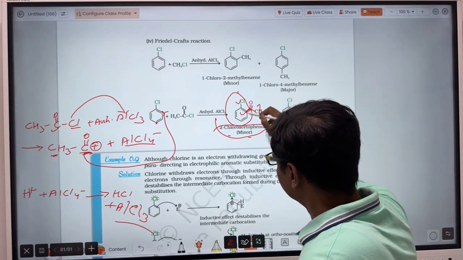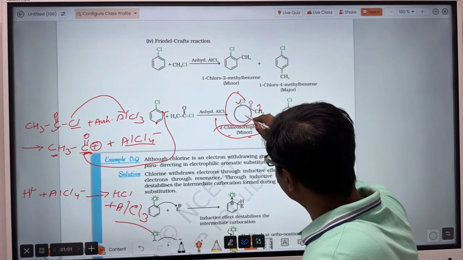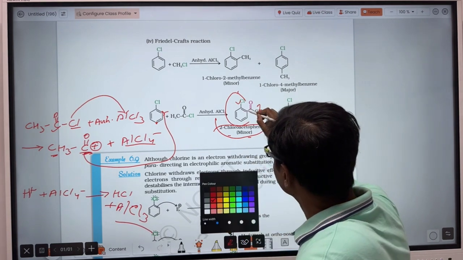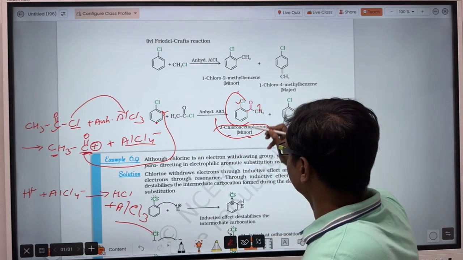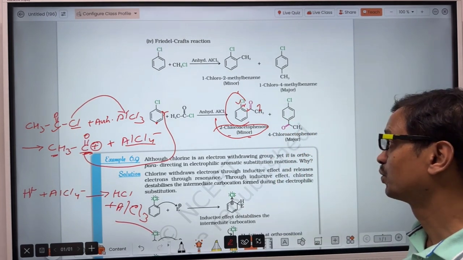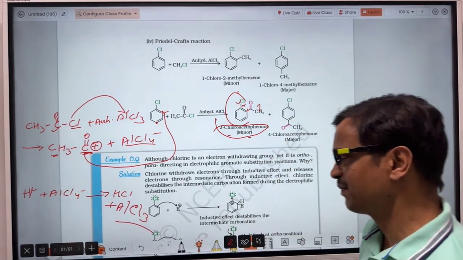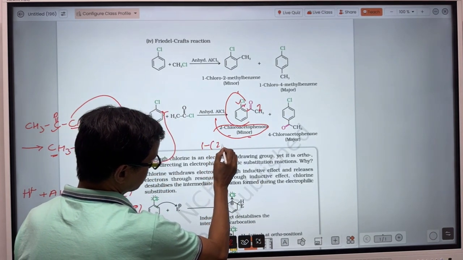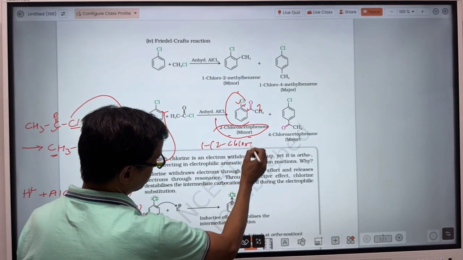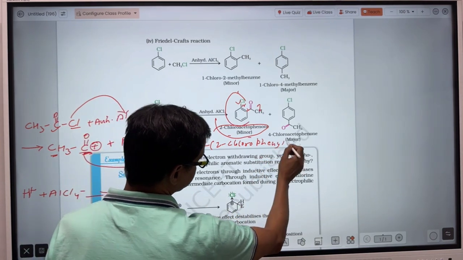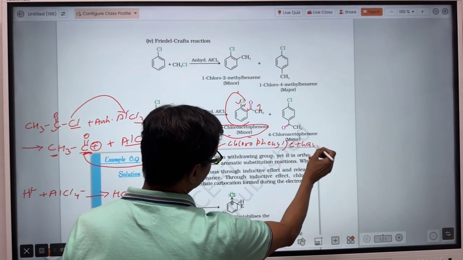The carbon atom of benzene that is bonded to this carbon will get first position, and this will be second position. So it is 2-chlorophenyl. So the IUPAC name of this compound will be 2-chlorophenyl, then after that ethanone.